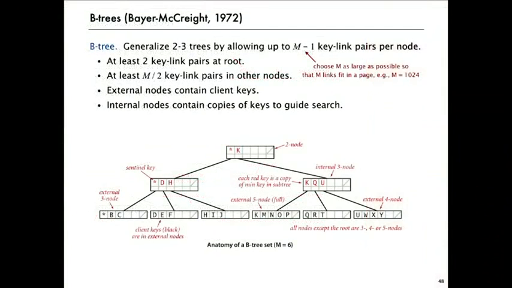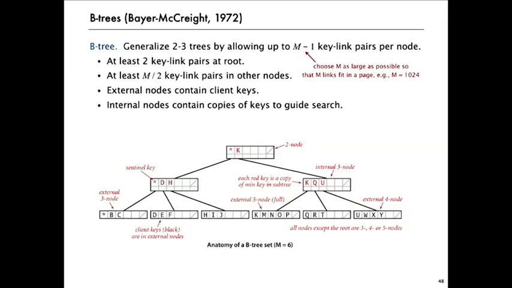The idea is to allow not just 2 or 3 keys per node, but a large number, like the number that can fit in a page. So it might be m equals 1,000, or m equals 4,000. And well, we've got to have at least 2 keys at the root.